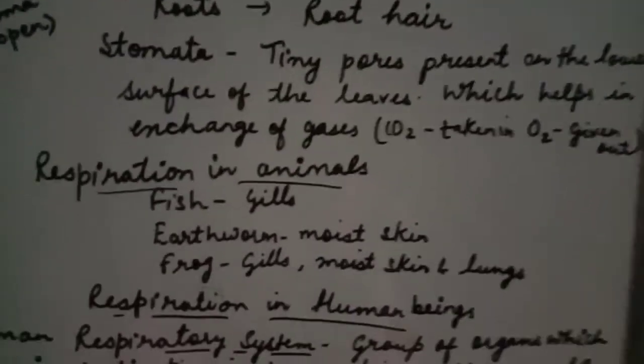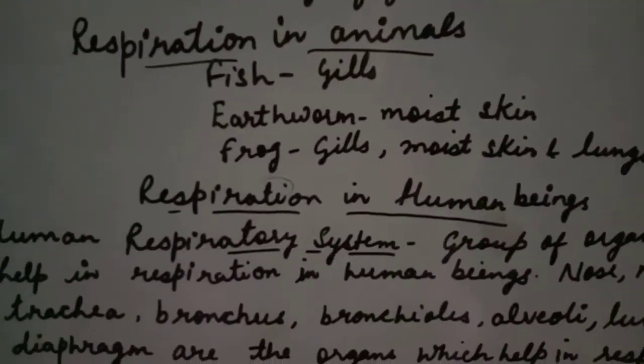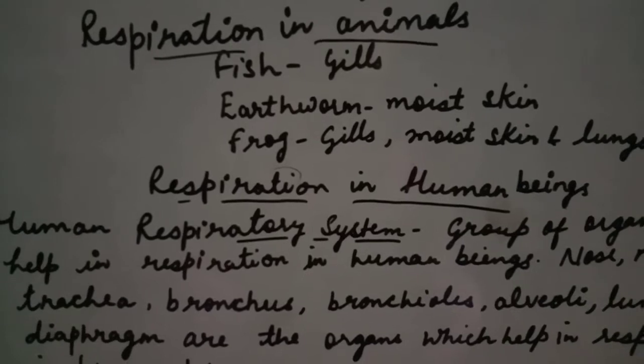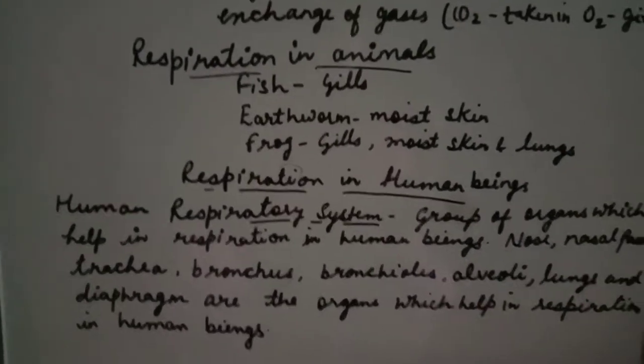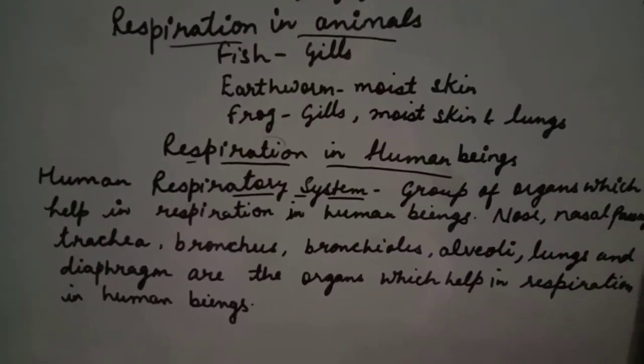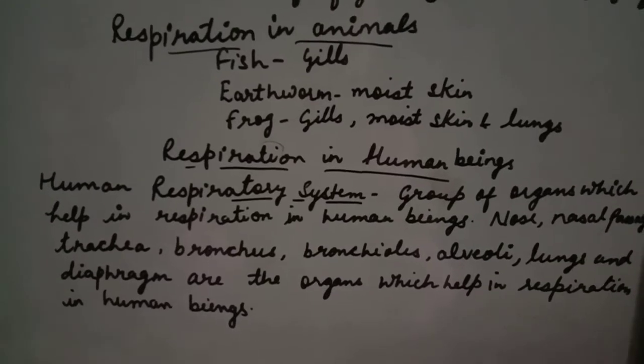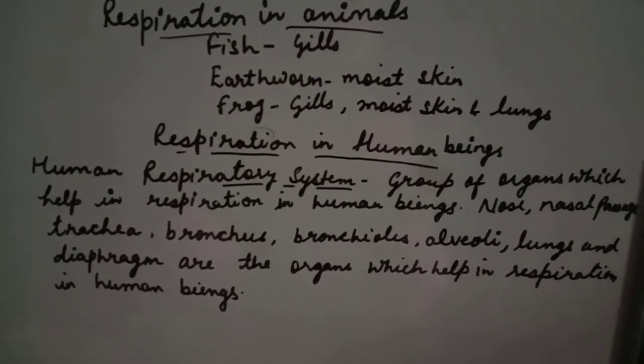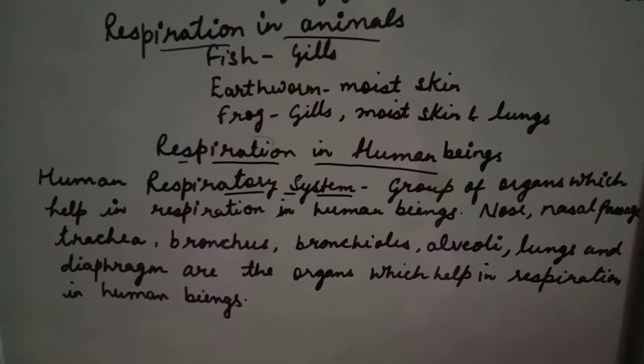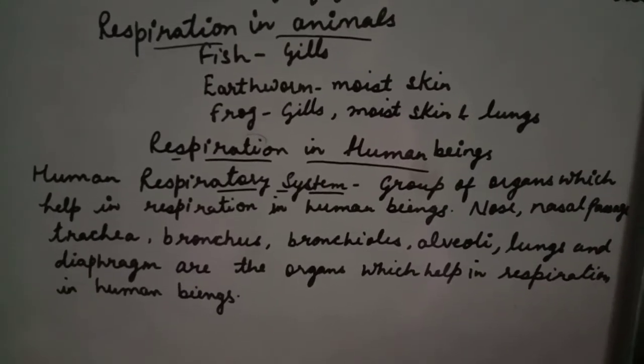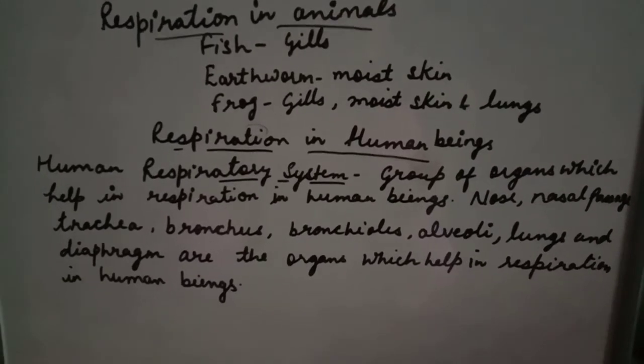Now respiration in animals. Different animals have different structures for respiration. For example, fish, they have the gills for respiration. Earthworm, they have moist skin, they respire through the moist skin.